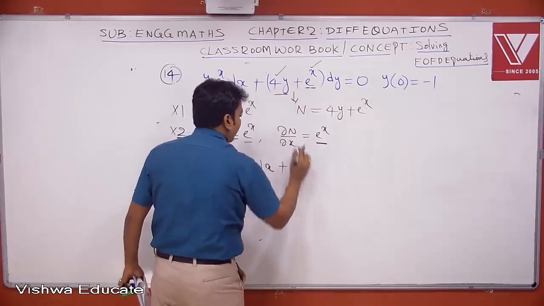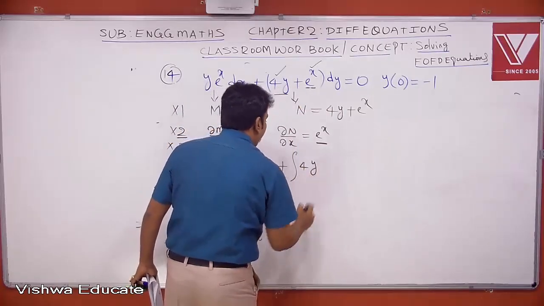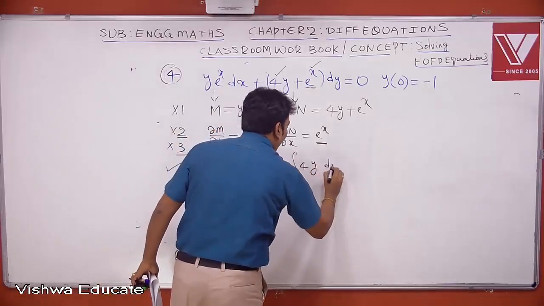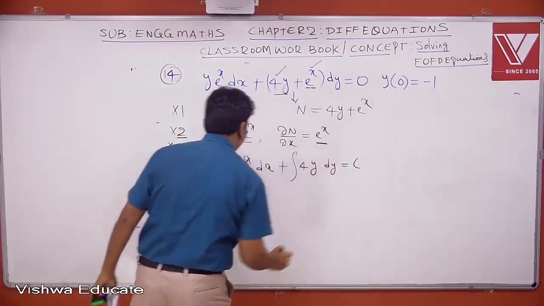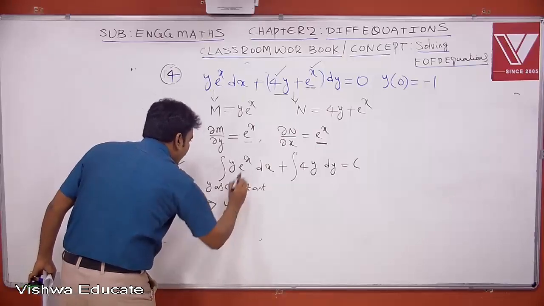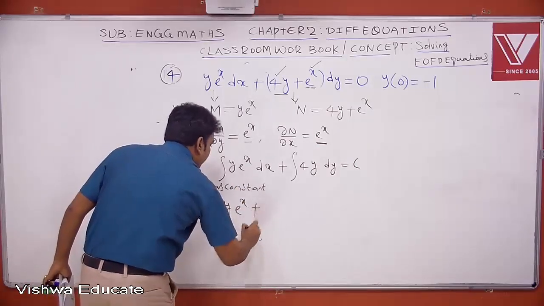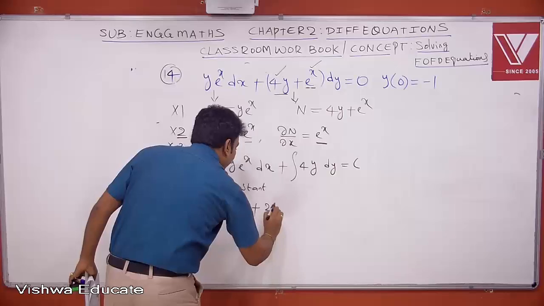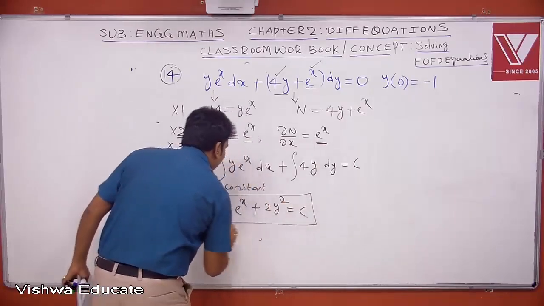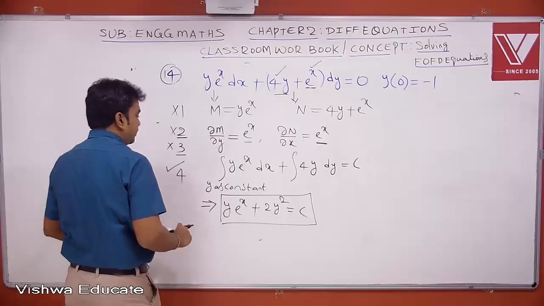So in place of N we can write 4y. So integral y e power x dx with y as constant plus integral 4y dy equal to general constant c. When y is constant, we can take y outside into integral e power x plus integral 4y dy, which is 2y square, equal to c. Now this is my general solution.